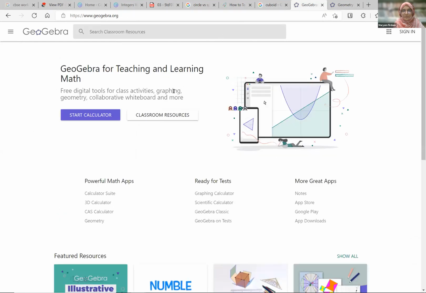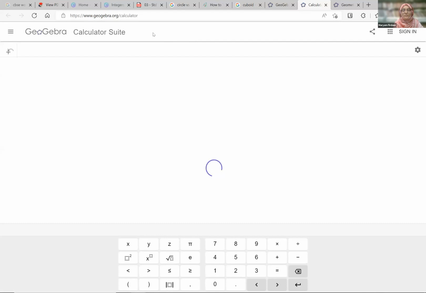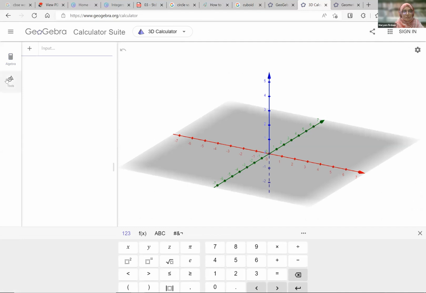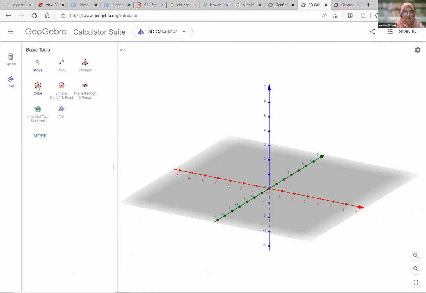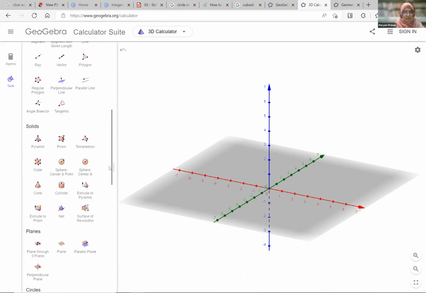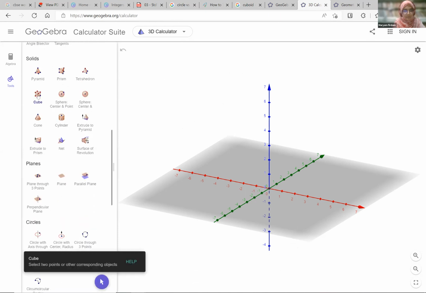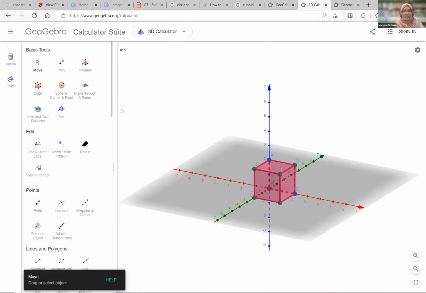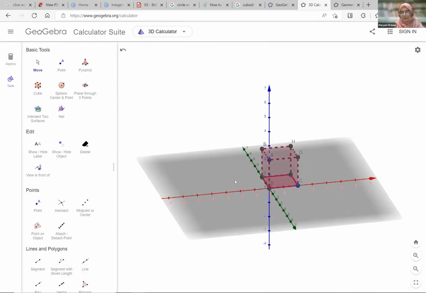Now I'm just gonna draw one more thing. Just gonna zoom in a little bit.